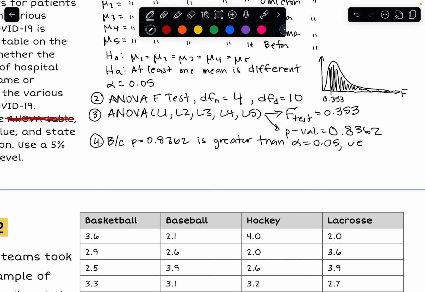We fail to reject the null. And if we fail to reject the null, we do not support the alternative. So there is not enough evidence to support a difference in the mean stays.